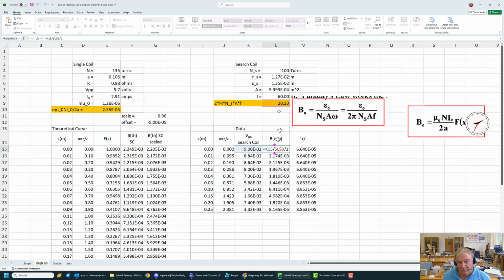So I just do it once up here, and then I use the dollar signs to create that absolute addressing, it always refers to that cell. And then I take the fill handle and drag it down.